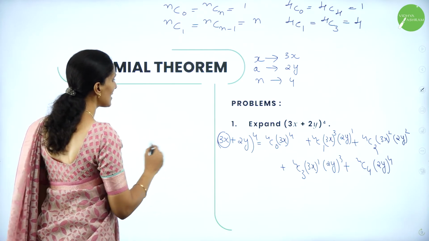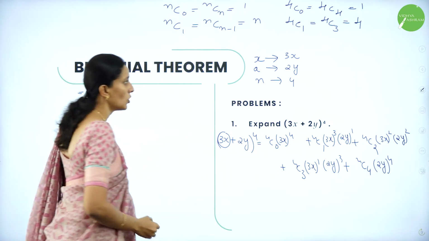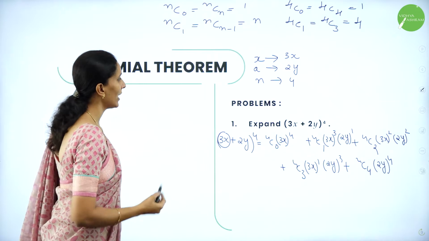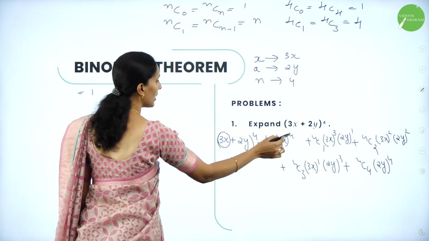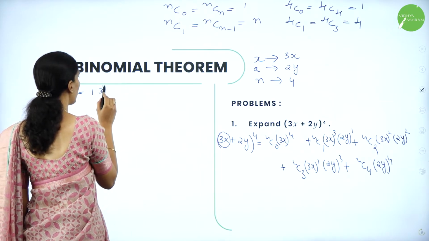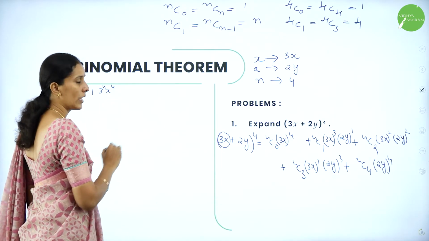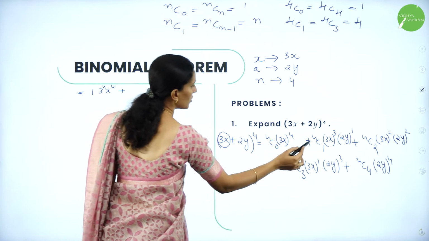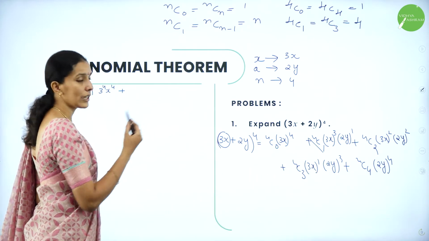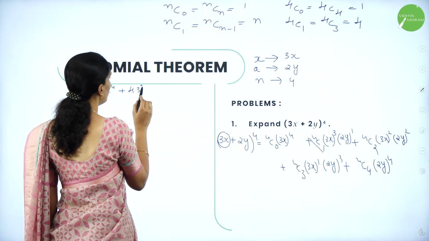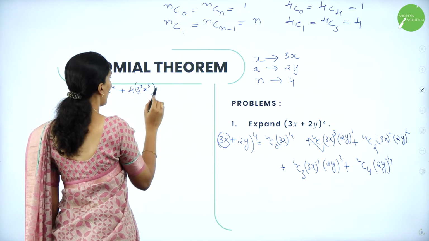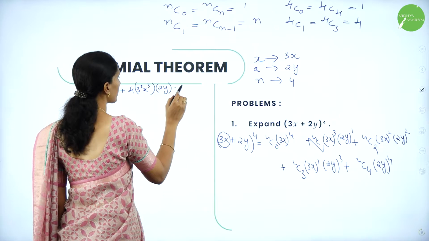Now I'll just replace the 4C's. What is 4C0? It is 1. So no need to write since it is 1. Next we have 3 power 4, x power 4. Next, what is the coefficient of 4C1? It is 4. Next we have 3 cube, x cube and into 2y.